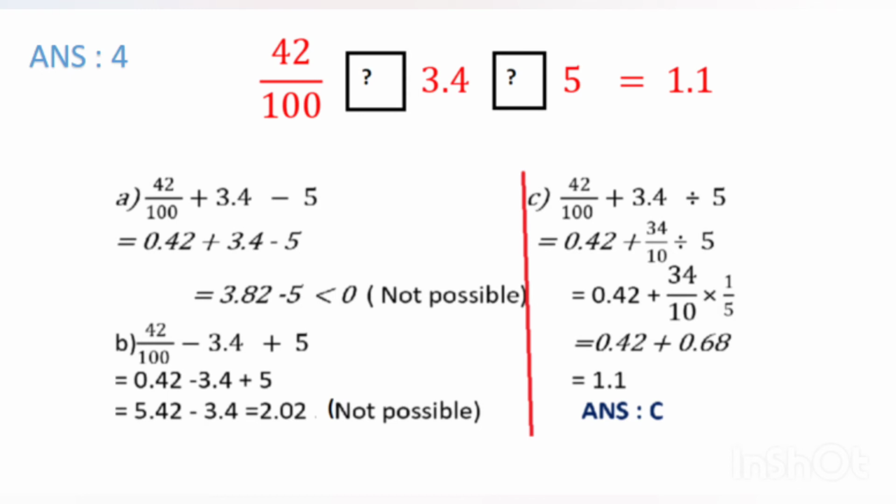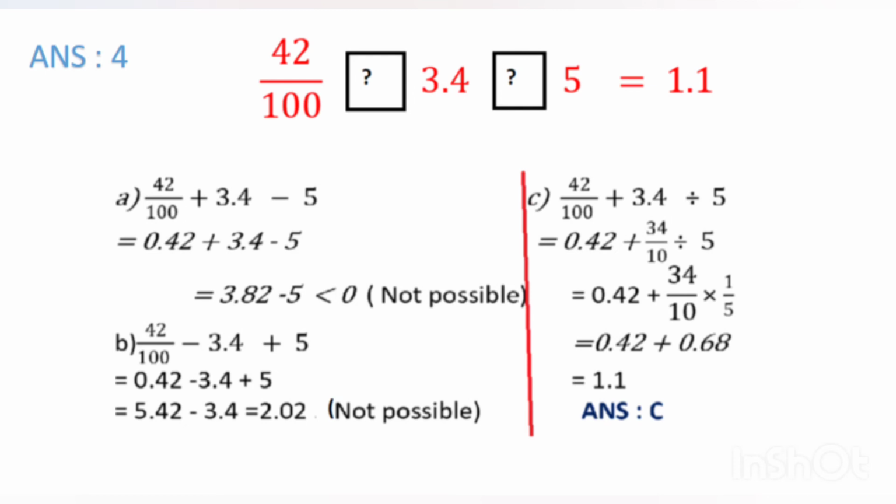Now coming to C part, you have plus and division. Accordingly it is given here. So 0.42 plus 3.4, you can write it as 34 upon 10 divided by 5. Now whenever division sign is given, you know that you change it to multiplication. And when you write multiplication in place of division, the next number given after that, you need to write the reciprocal of that. So flip that number, reciprocal of 5 will be 1 by 5.